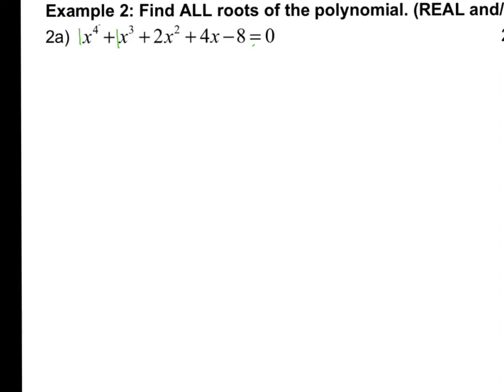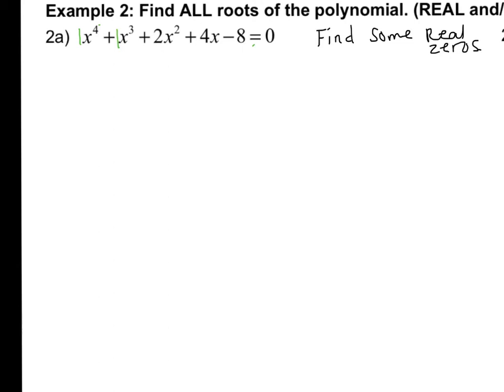So what we're going to do is use the rational root theorem, or use a calculator to figure out where some of the real zeros are. That's going to be our first step. Find some real zeros. How do we find real zeros? It's where it crosses the x-axis.